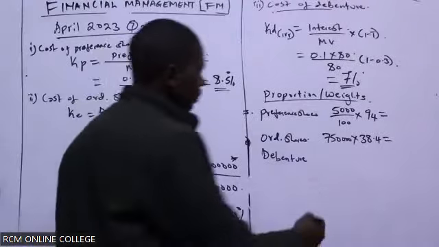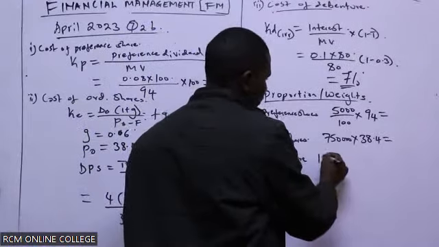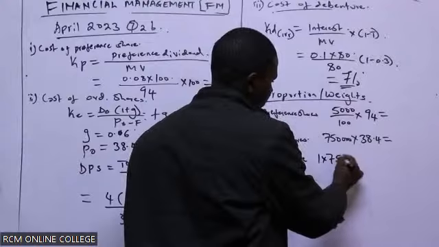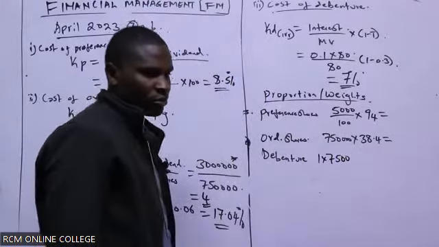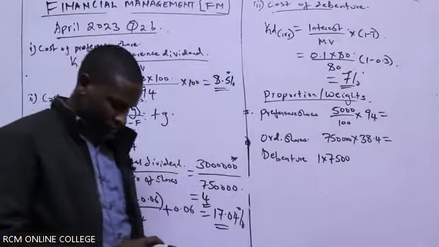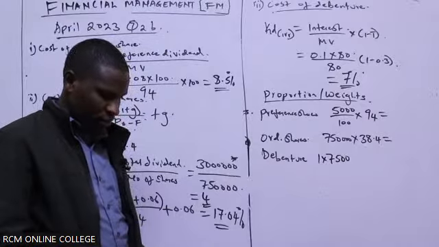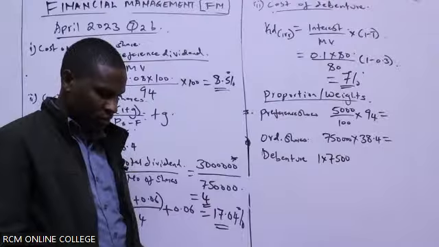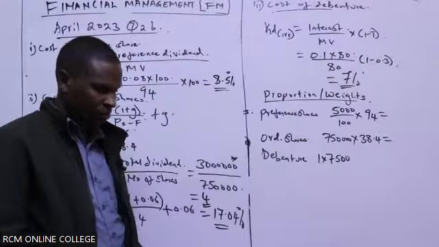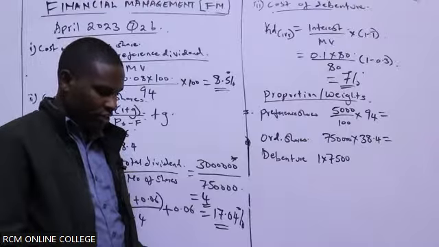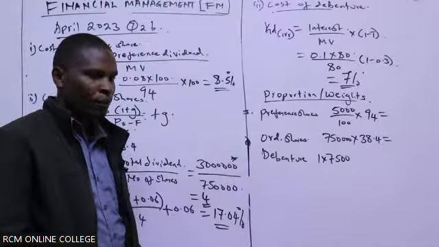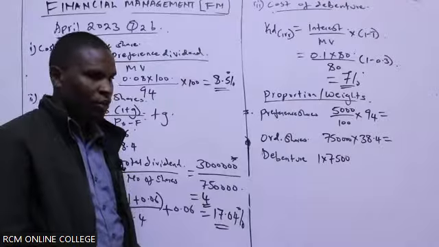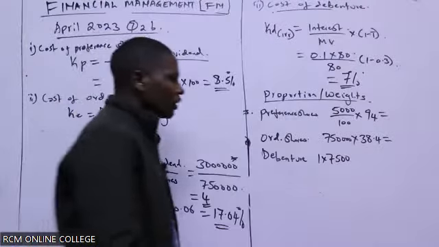So do you think our debenture itakuwa affected kweli? Will it be affected by anything else? Sioni kama itakuwa affected by any other thing. Because even this market price, the par was not there. So our debenture will remain the same.